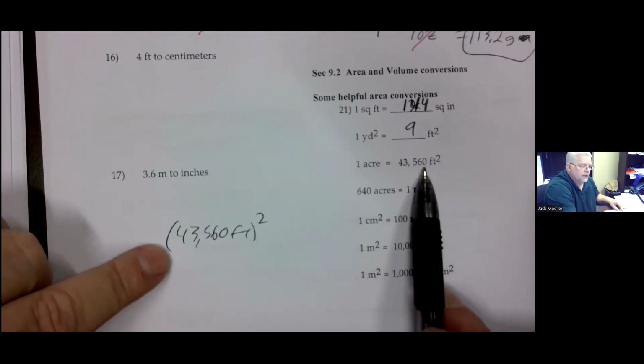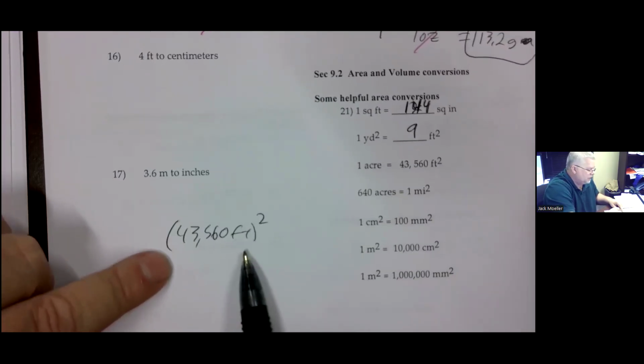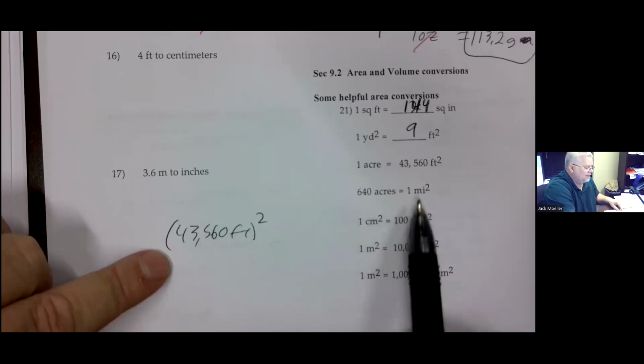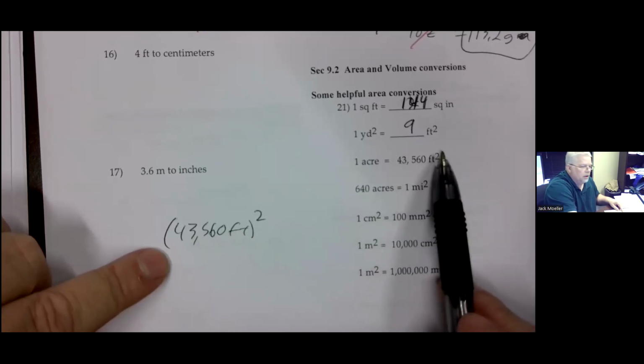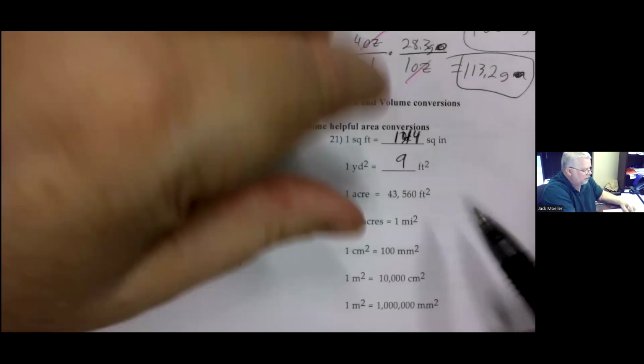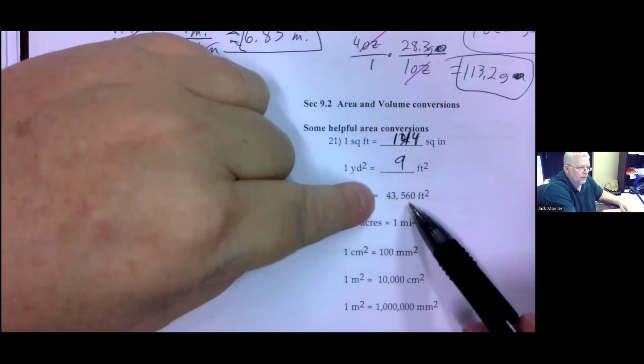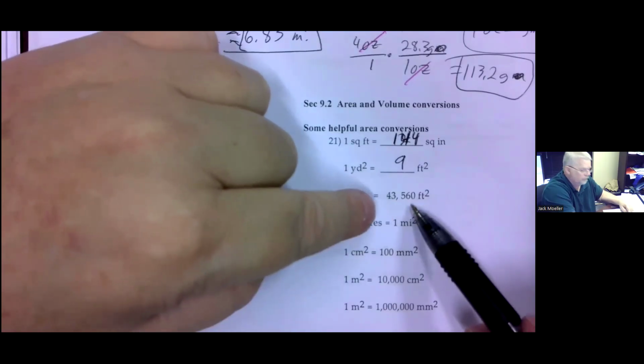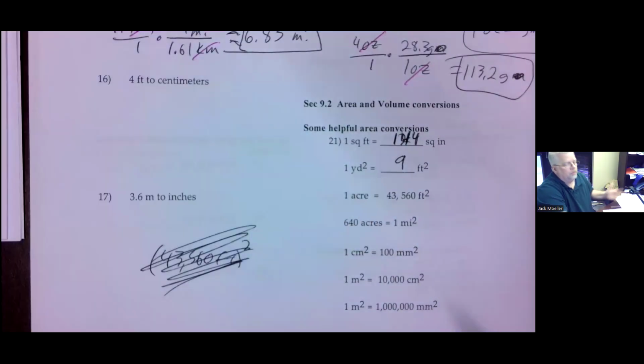There is no parentheses. So if it was inside the parentheses, then we would square both. Since there is no parentheses, the only thing getting squared is the feet. But basically they've already done the arithmetic to figure out what the number is, so don't square it again, don't cube it again. If they give you that conversion factor, that is the number that you use.